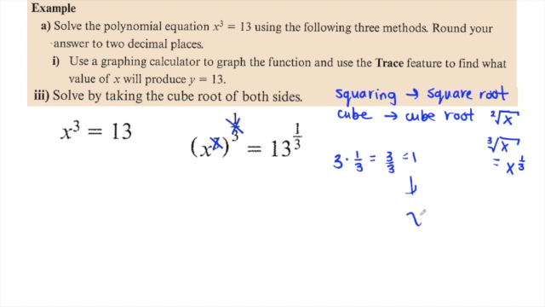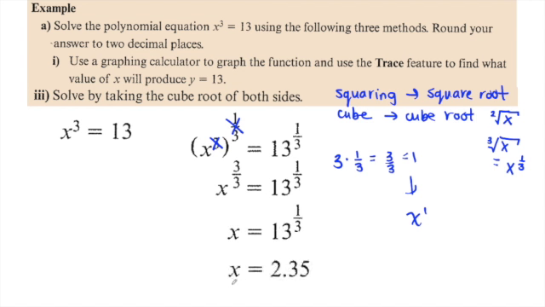So that leaves us with x to the exponent 1, which is what we want. That's why we did the opposite, so we could solve for x there. Okay, so again, 3 over 3, so x is equal to 13 to the 1/3. Put that in your calculator. Putting that in your calculator, you can either do the cube root of 13, or you can put 13 to the exponent 1/3.